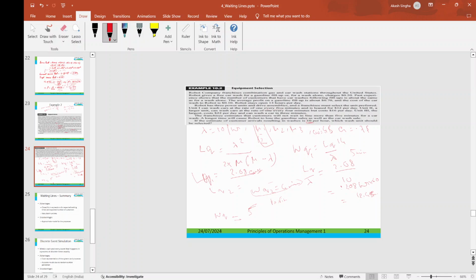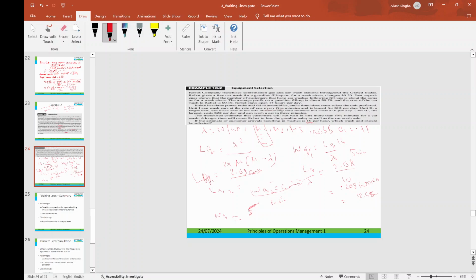It is given that they won't wait more than 5. What will be the new arrival rate? So then 10 people won't come to the center, right? Then less people will come and lose revenue. So how many people will come into the company for their car wash or whatever? We have to calculate. So for that, WQ should be max 5.